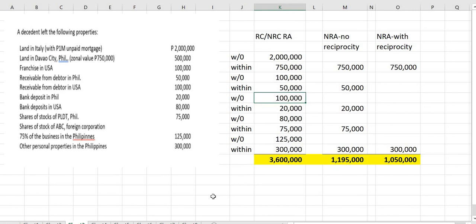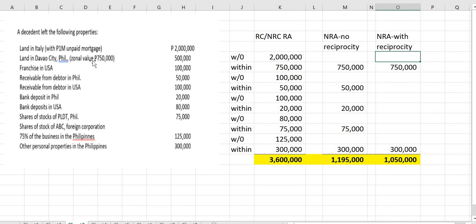Okay? So, let's start with the land. The land in Italy with a 1 million mortgage. Since this is Italy, it is without. Right? Italy is without. So, it is taxable only if RC, NRC, or RA, because for NRA, this is without, so it is not included.